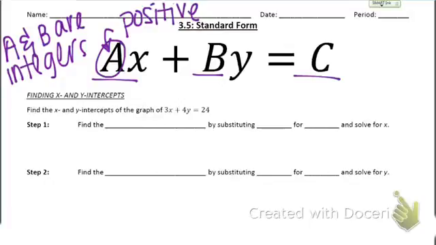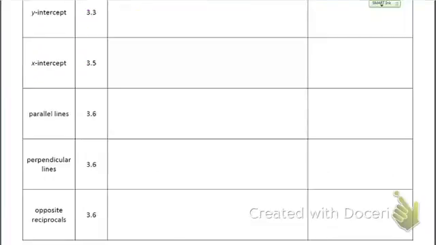Okay, so before we get started, we're going to be talking about X and Y intercepts, and we've already talked about the Y-intercept, but we need to talk about the X intercept first. So turn to your vocabulary page. We do have one vocabulary word. We've already talked about the Y-intercept. It's where the graph crosses the y-axis.